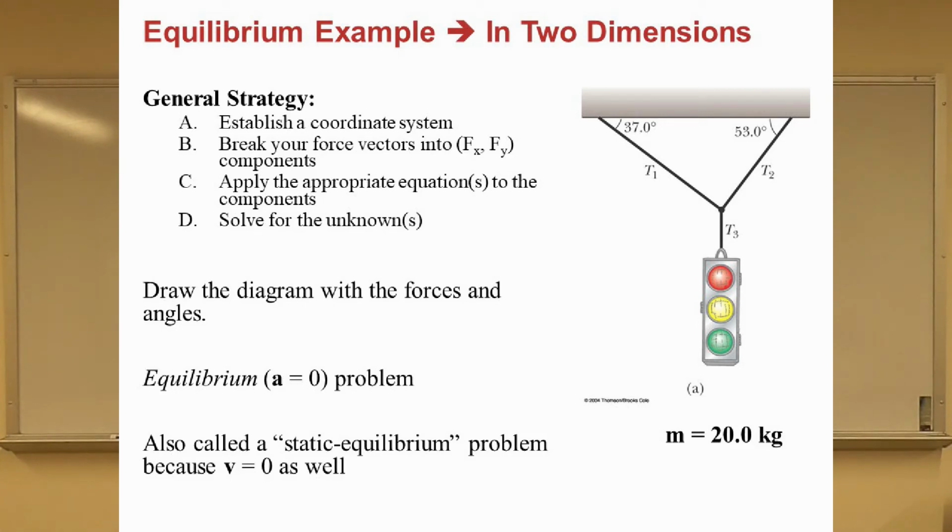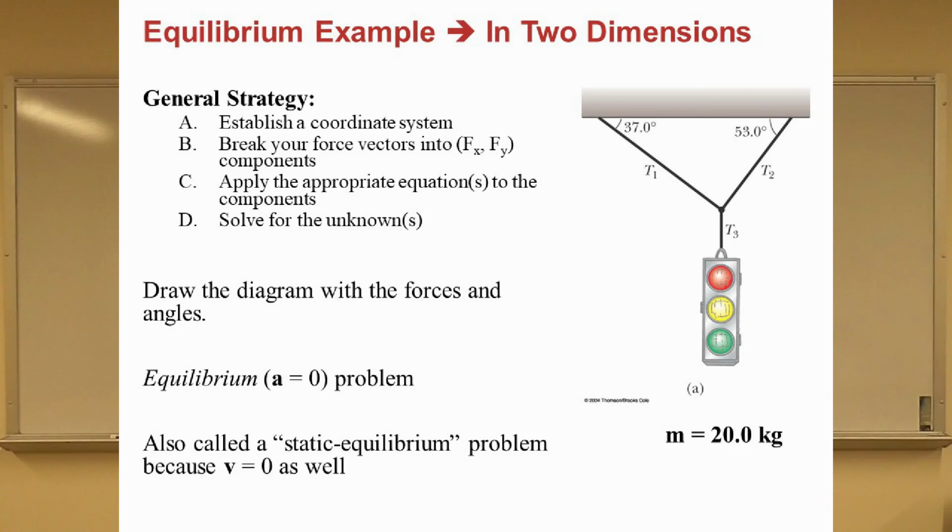We're going to then break our forces down. We're going to use Newton's second law, that is, apply the appropriate equations, and solve for any unknowns, that is, do the algebra. Now, the important thing to note here is that this is a static equilibrium case, so the acceleration is zero, and all the forces add up in the two components.